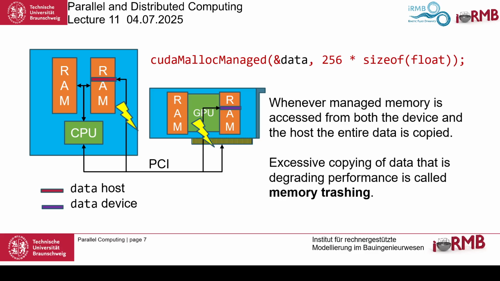So if you are not careful and you are working on the same data from the CPU and from the GPU at the same time, you do one operation here, then the other here, then again and again, then every time your memory becomes dirty and the version that you have goes into the trash and has to be recopied from the other side.